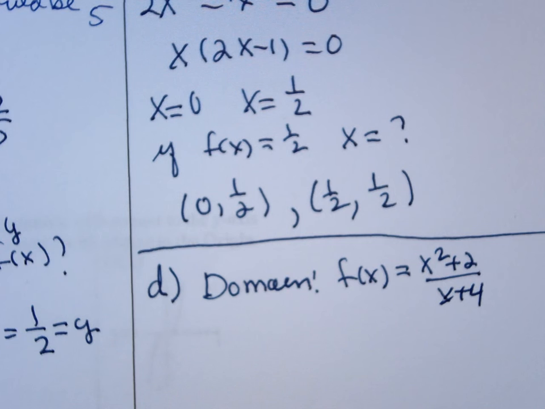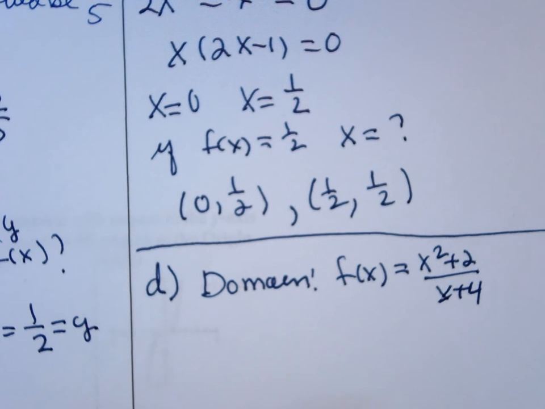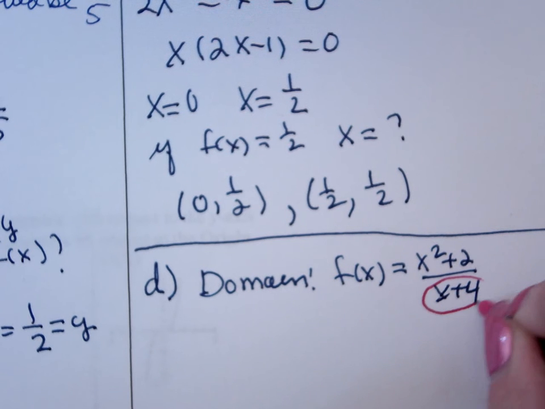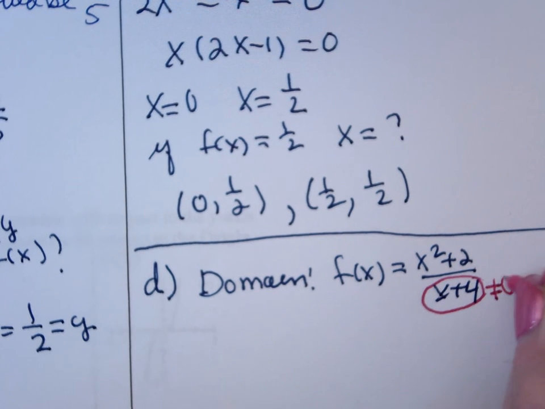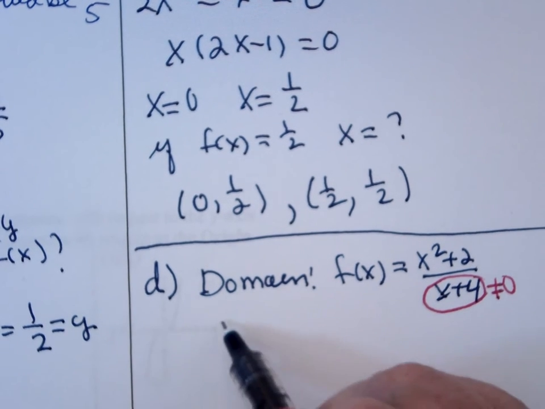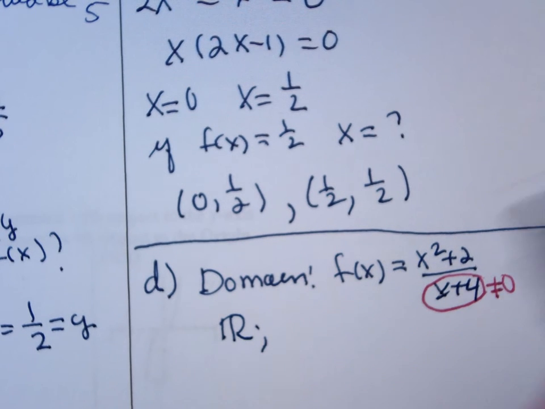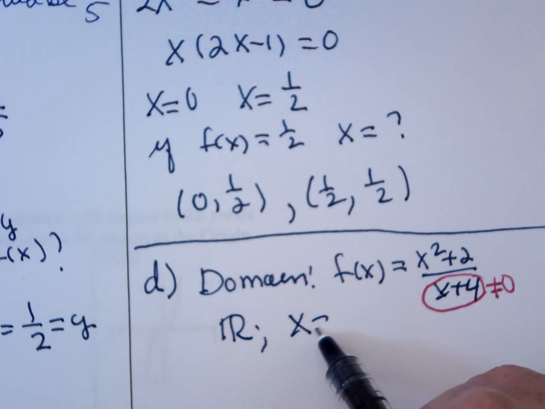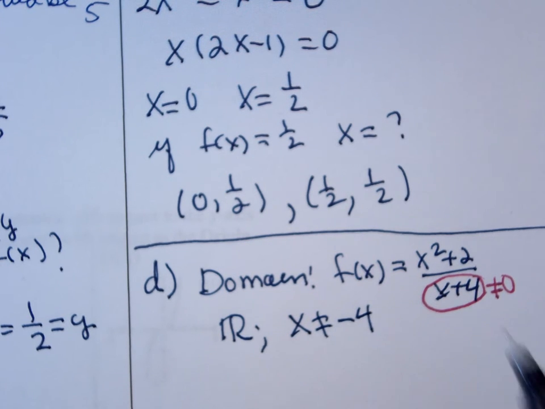What can't happen? The denominator can't be 0. So this is going to be all real numbers except what? x can't be -4.